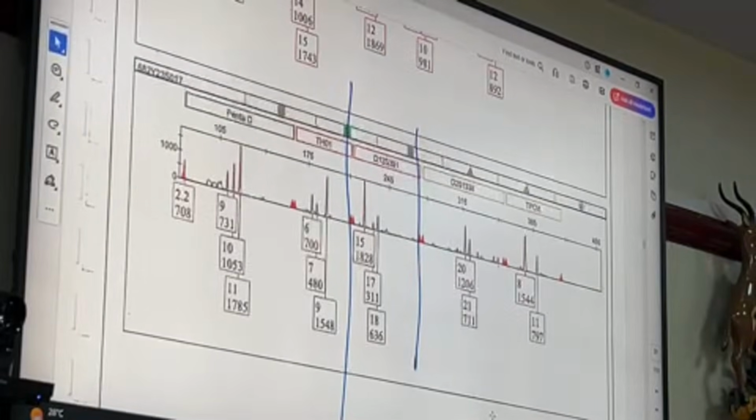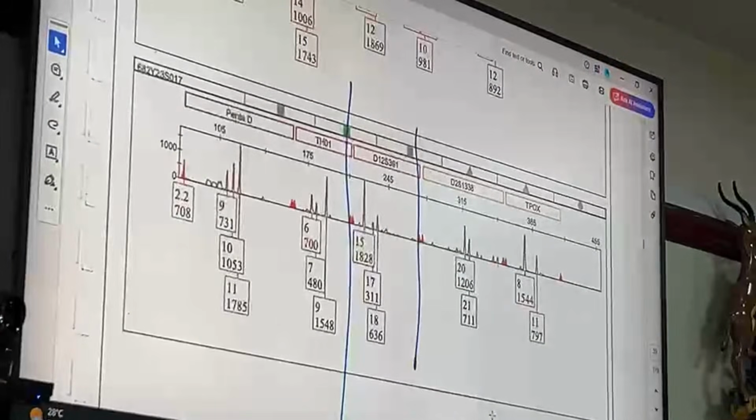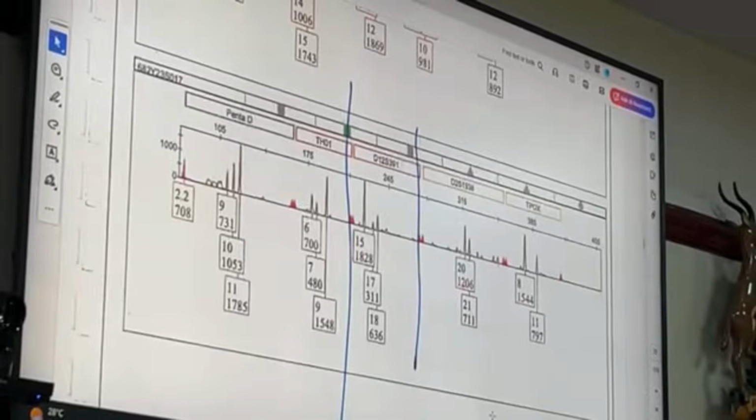On D12, we need to be very careful because, in my opinion, we are starting to lose information from the result, and therefore we're not seeing everything there. When DNA starts to become limited, we don't always capture all the information at all the areas, and this is known as a partial profile.